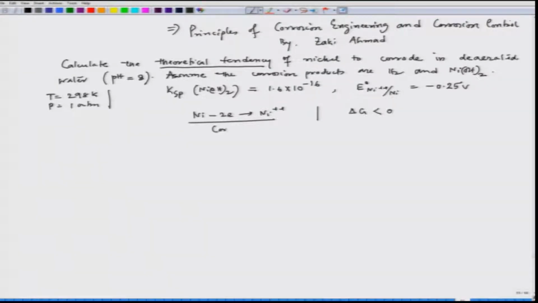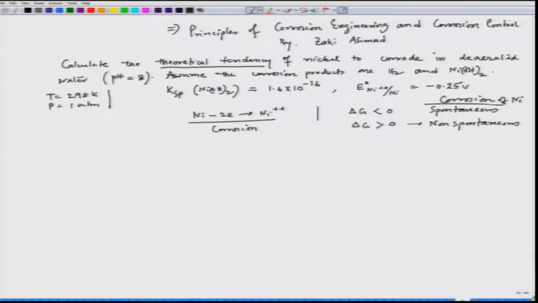So, this is corrosion. But if delta G is greater than 0, then we will say that this is non-spontaneous. We are talking about corrosion of nickel.